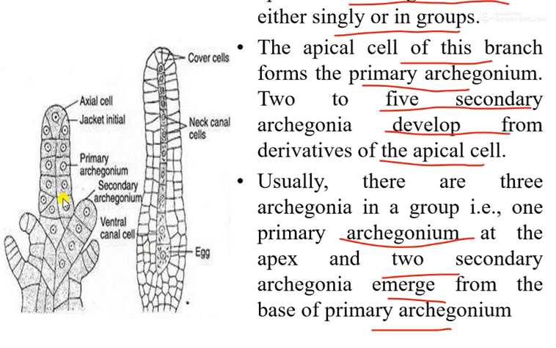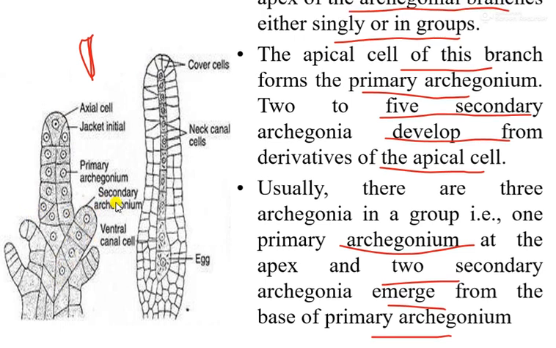As you can see, suppose this is the archegonial branch. In this branch the archegonia will develop at the apex. Normally 3 archegonia occur in a group, and out of the 3, the one at the apex will be the primary, like this. Below the primary archegonium lie the other 2 secondary archegonia. Here you can see there is 1 secondary archegonium.